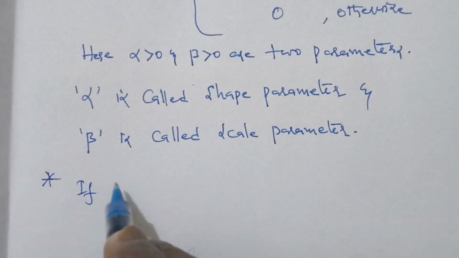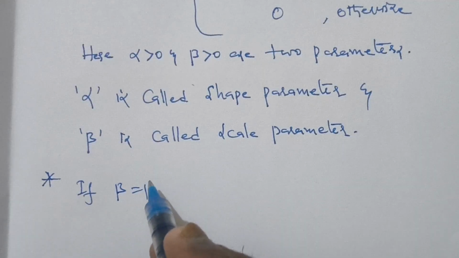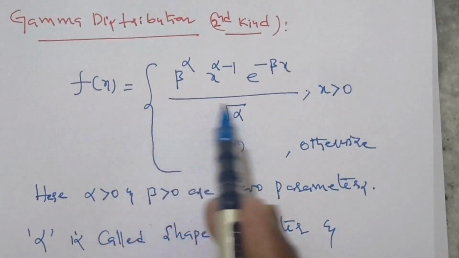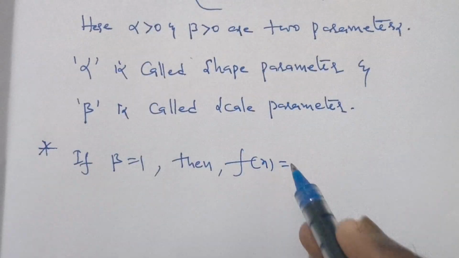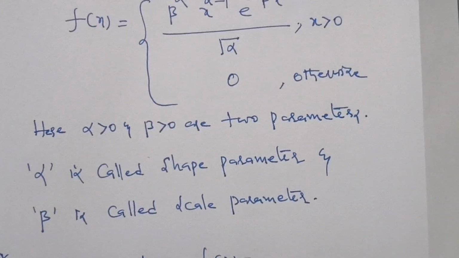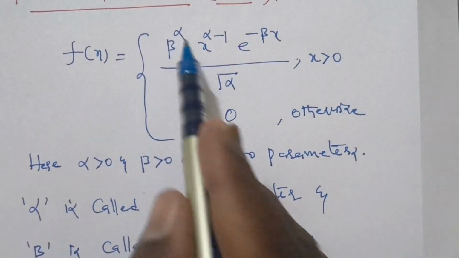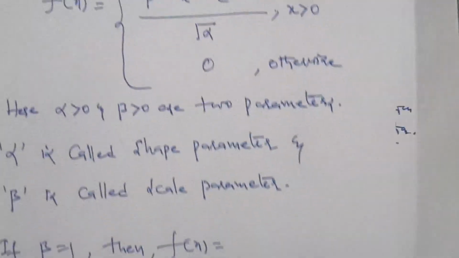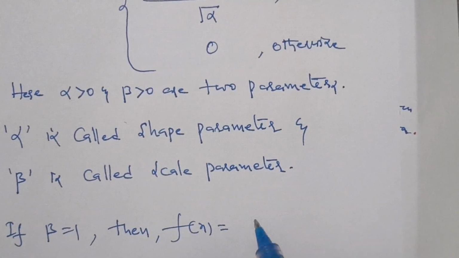Now we have an important point here. If beta equals 1 in this definition, there is no beta value in the PDF. So f of x equals 1 power alpha x power alpha minus 1 e power minus x by gamma alpha. There is no beta value.